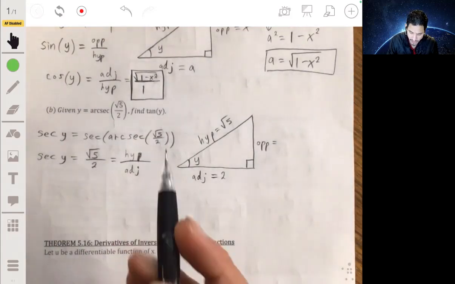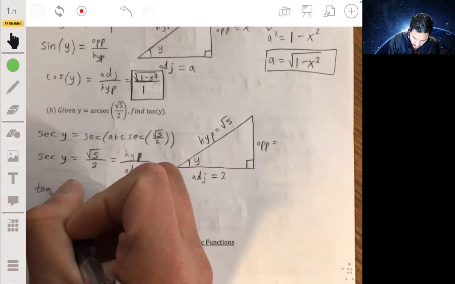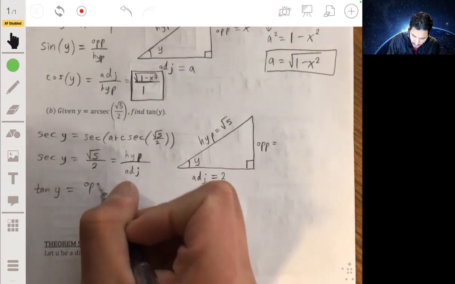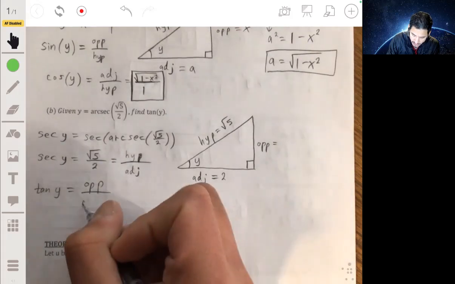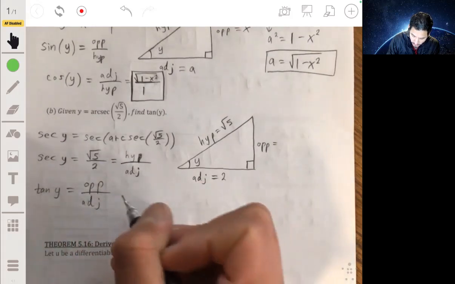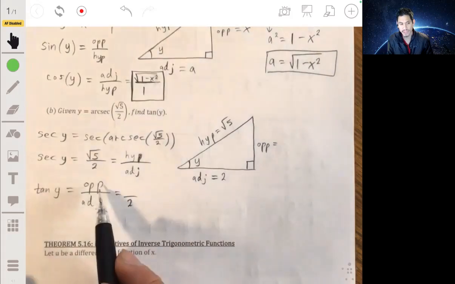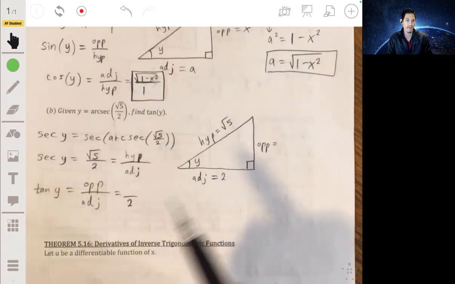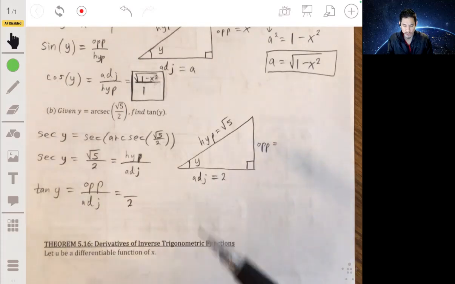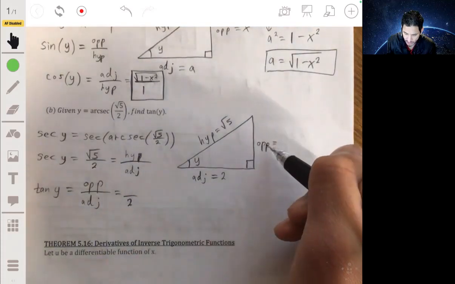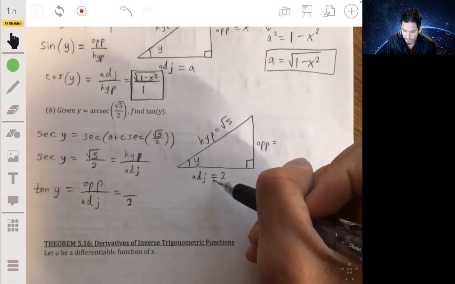Since we're trying to find the tangent of y, we're trying to find basically the opposite side over the adjacent side. We know the adjacent side is 2, so we just have to find the opposite side. And we use, again, the Pythagorean theorem. Remember, the hypotenuse squared equals the opposite leg squared plus the adjacent squared.